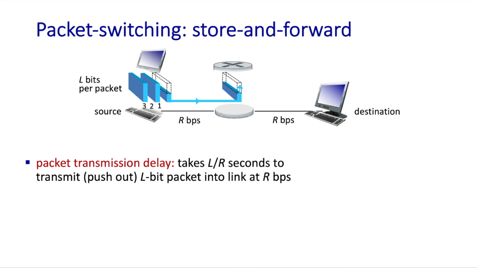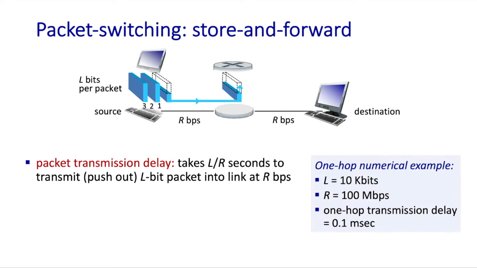Let's next focus on the transmission of packet bits at a router in the network core. In this figure here, we're illustrating the bits in a packet being transmitted from one router to the next. You'll hopefully recall that we said that if a packet's L bits long and the link transmission rate is R bits per second, then it's going to take L divided by R seconds to transmit the packet into the link.